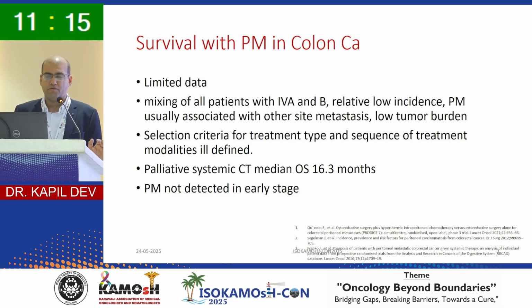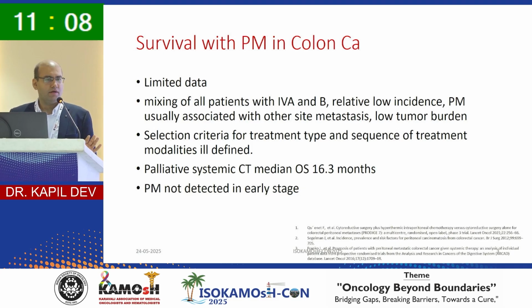If I discuss survival with peritoneal metastasis in colon and colorectal cancer, the data is limited and is mixed with stage 4A and 4B, and usually associated with other sites also. The tumor burden at the time of diagnosis is very low. The selection criteria for treatment type and sequence in patients with CRC with isolated disease are ill defined.